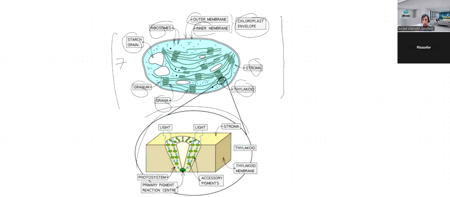If this structure is present in an animal cell? I'm saying it is present. Okay, let's conclude. It's not present.